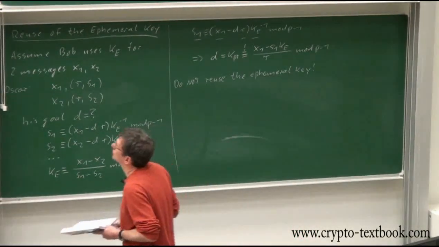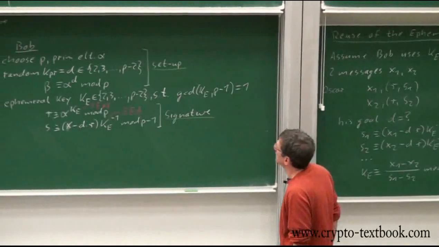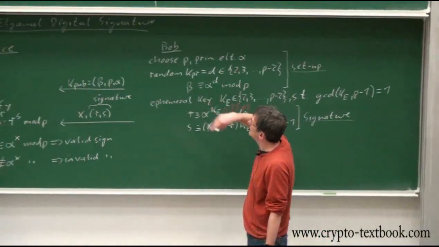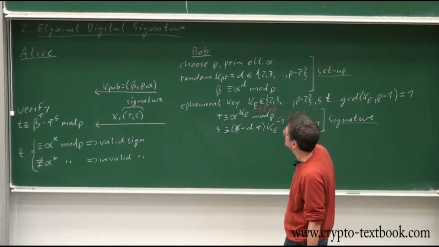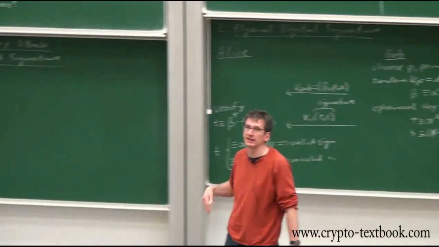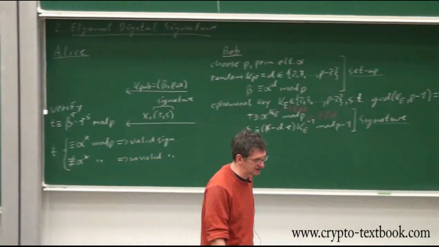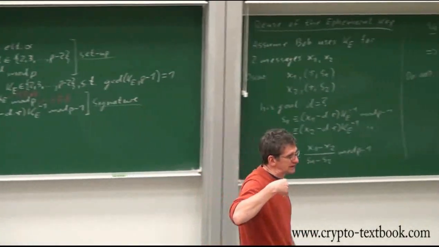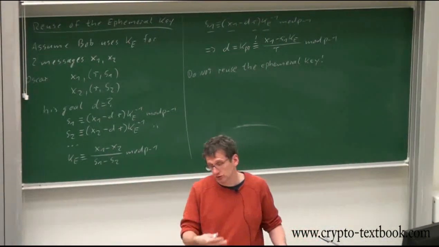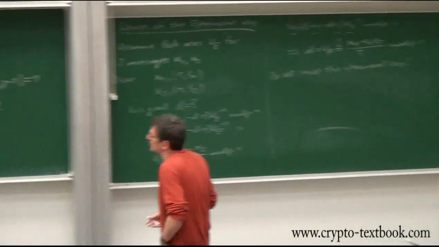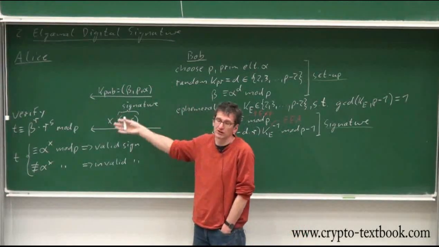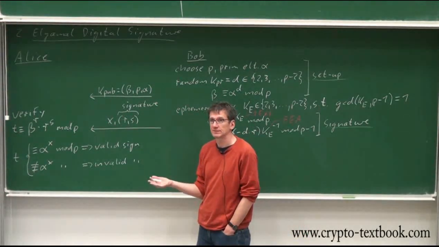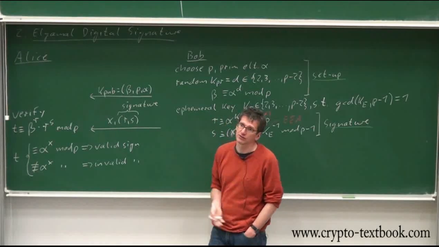So the other attack I want to show you along this line is an attack similar to what we did with RSA. It is an existential forgery attack. That means I can show that Oscar can also generate valid signatures, but with the same problem that he can't really control the message.